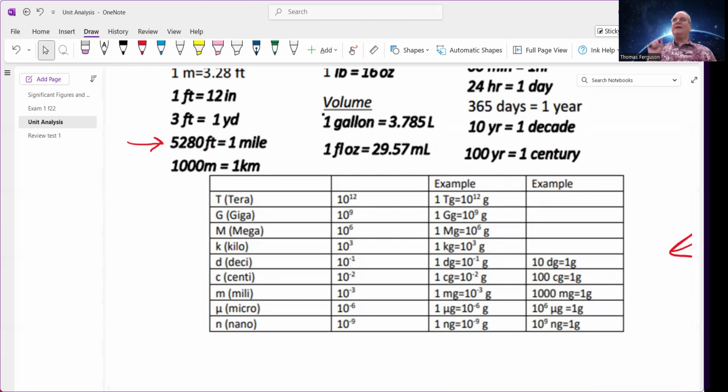Metric to metric conversions are very common in the sciences. In fact, it's very interesting. There was a jet crash, 737 in Canada. And Canada uses liters, not gallons. When they fill the plane up, they saw 450, whatever, and they put in 450 liters. Well, the plane meant gallons.